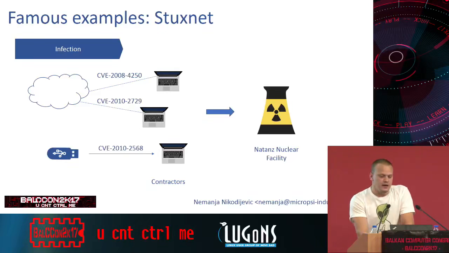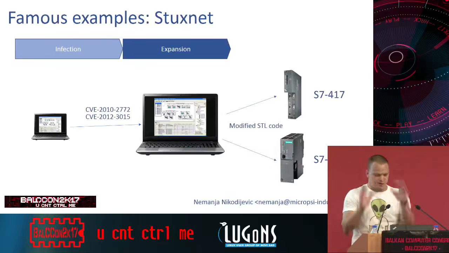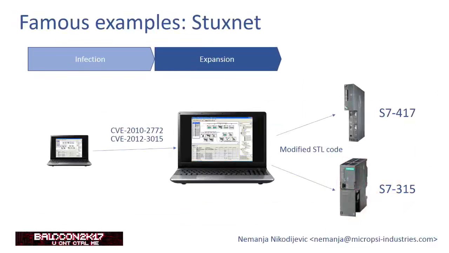Then once in, it would spread around SCADA systems, also abusing vulnerabilities present in WinCC and Step 7, software from Siemens. In the end, they would patch the code meant for these PLCs that we see on the right.